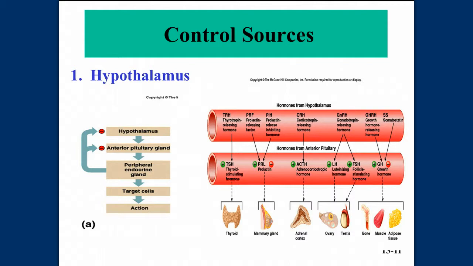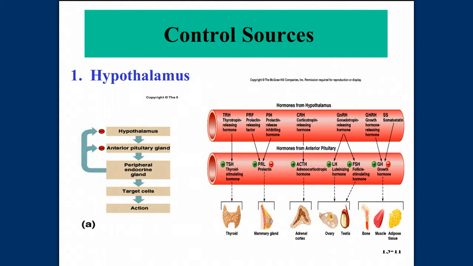One of the control sources is the hypothalamus. When you hear the word hypothalamus, remember you had the thalamus that led toward the infundibulum, toward the pituitary gland, and in between the thalamus and the infundibulum, the stalk to the pituitary gland, you have the hypothalamus. When you hear hypothalamus, you should always think homeostasis.